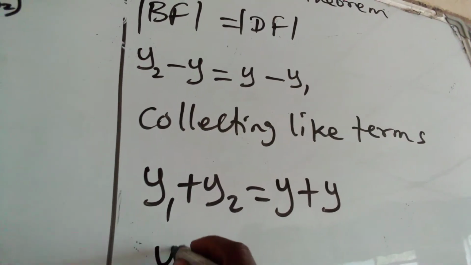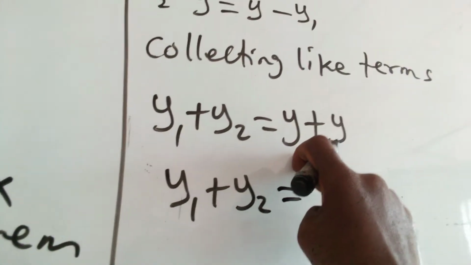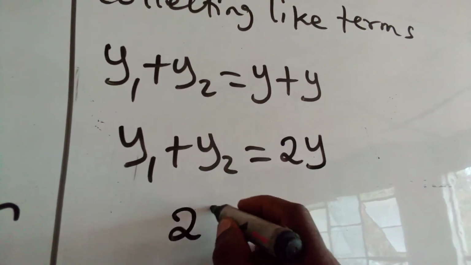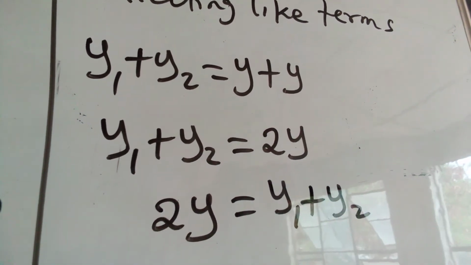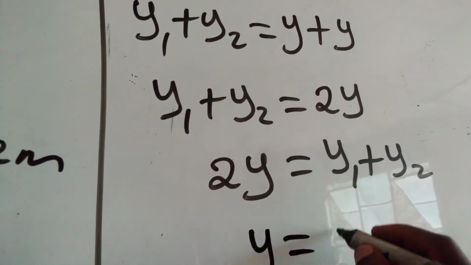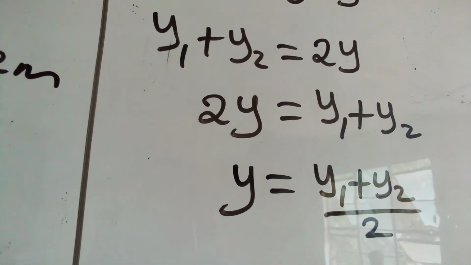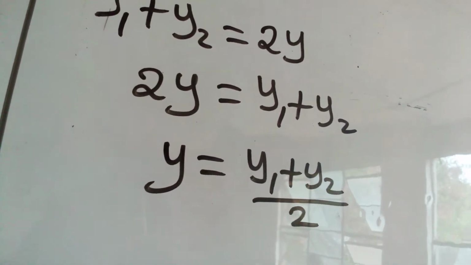So we now say that y1 plus y2 will be equal to what? y plus y will give you 2y. So you can still say that 2y is equal to y1 plus y2. So you divide both sides by 2. You will now have that y will be y1 plus y2 all over 2. So this is the y coordinate.